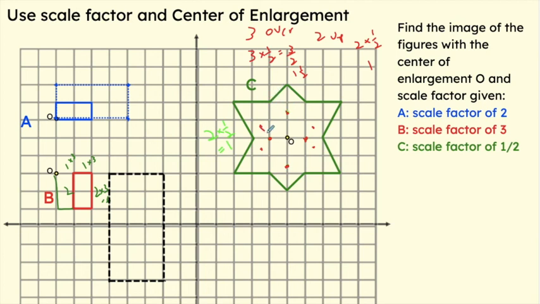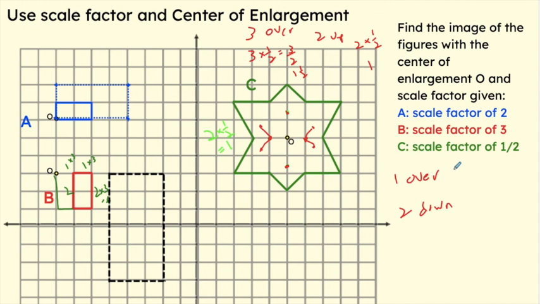So we know these are going to connect. But we know if we connected this, that would not create this star. So this distance here is 1 over and 2 down. So 1 over, 2 down.